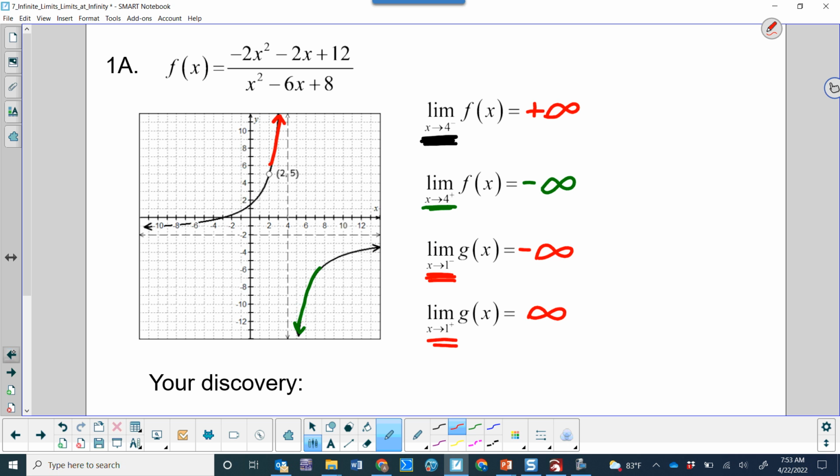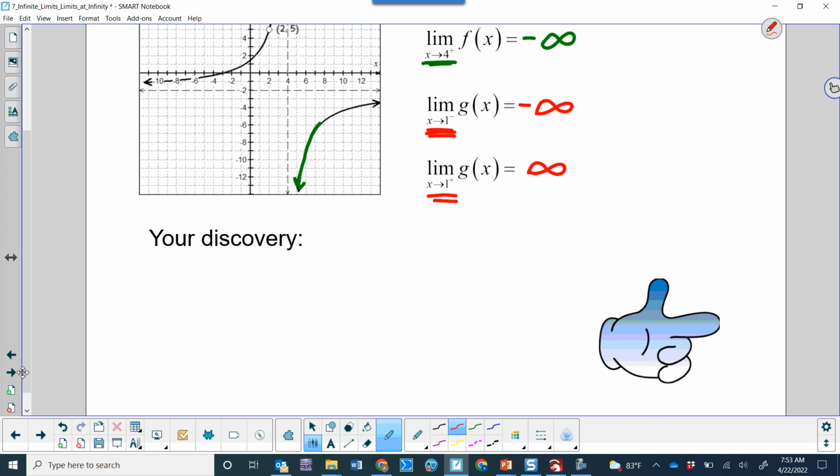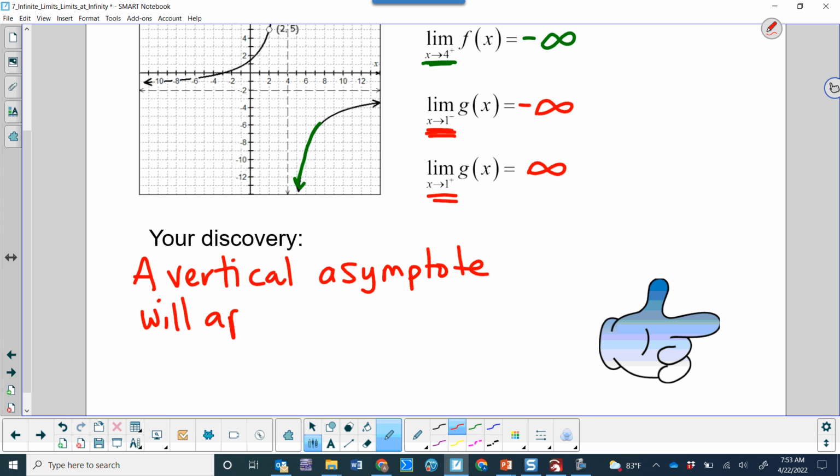And so what we discovered is that a vertical asymptote will approach either positive or negative infinity, because both of those were vertical asymptotes.